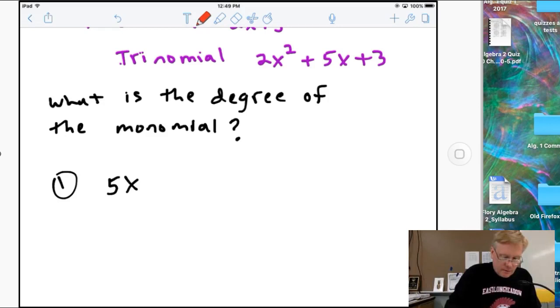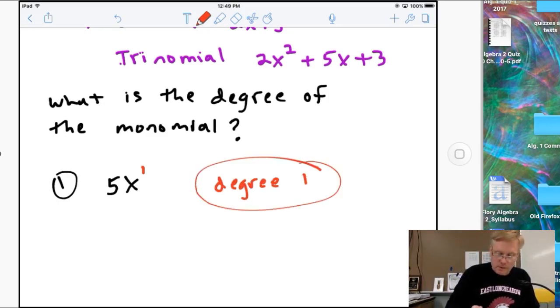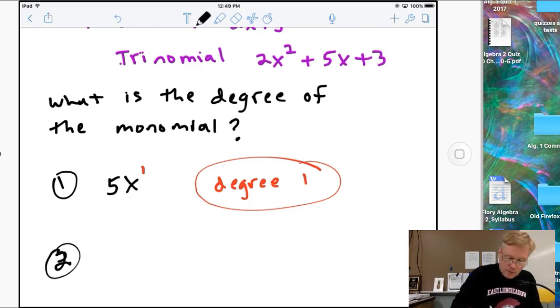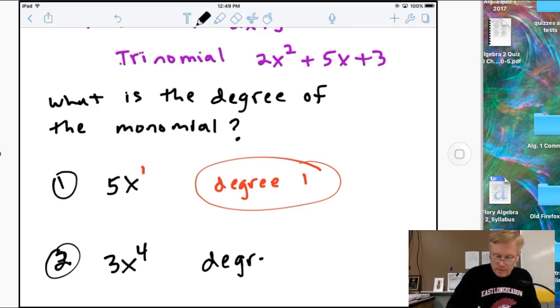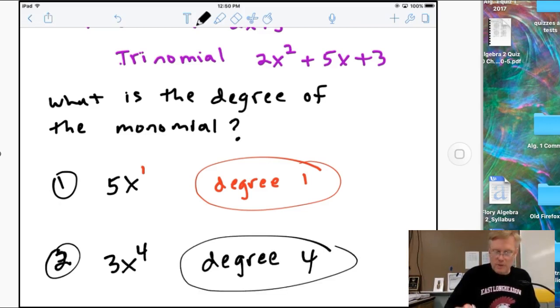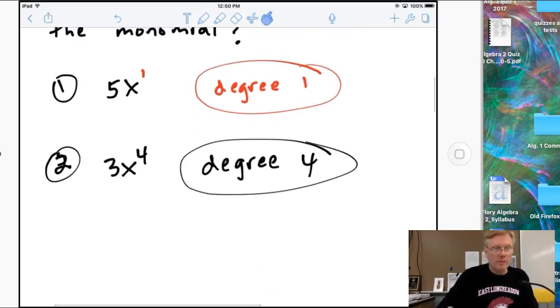Which means the variable has an exponent of 1. There's nothing written there, it's implied 1. So its degree is 1. And that's it. Number two, if I had 3x to the fourth, the degree would be 4, because that's the exponent on the variable. Only the exponents on the variables matter.